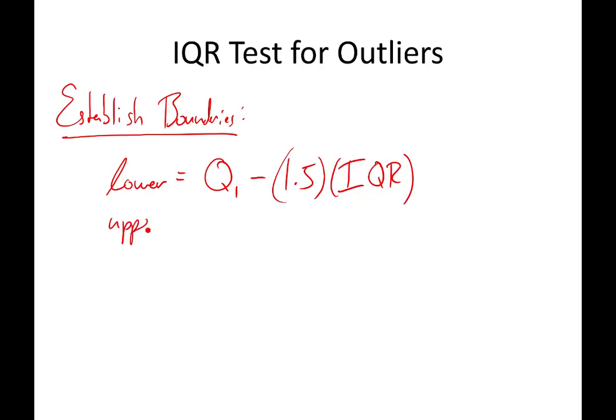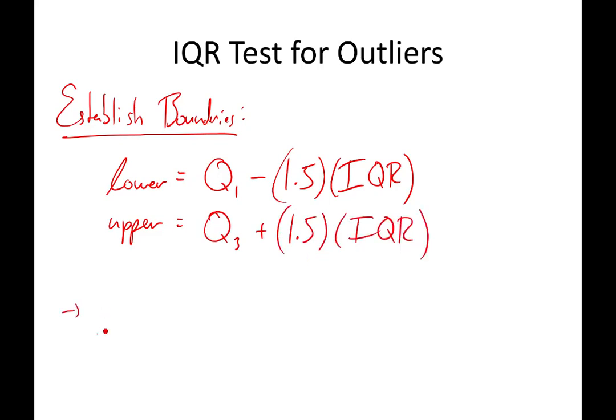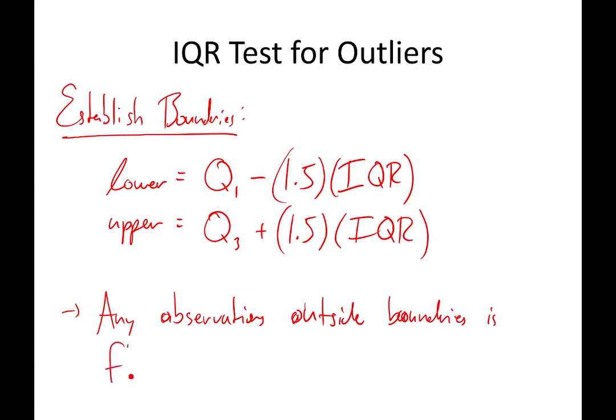And to get your upper boundary, you're going to go from Q3 and you're going to go up 1.5 IQRs. It's always 1.5. And then any observations outside your boundaries are flagged as potential outliers.